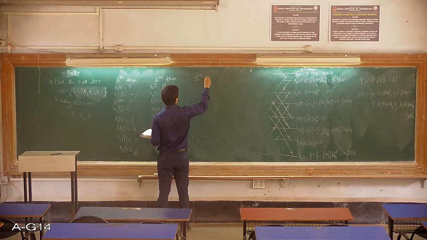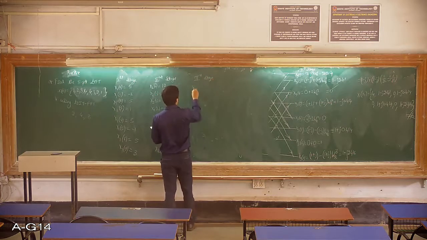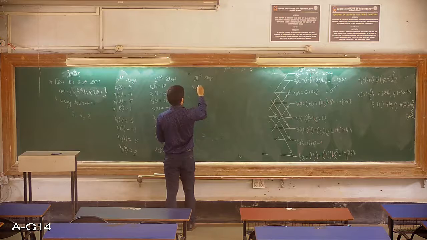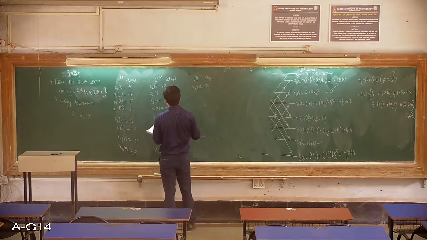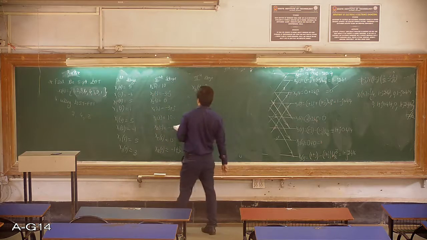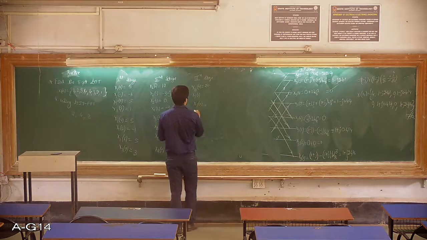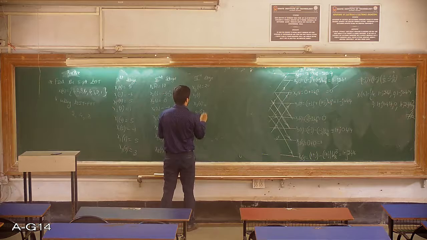Third stage: x3 of 0 is 20, because 10 plus 10, here only we can directly compute. So just go through that. x3 of 1, x3 of 2, x3 of 3, x3 of 4, x3 of 5.